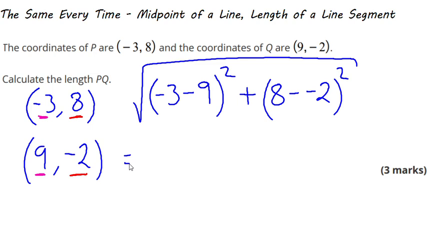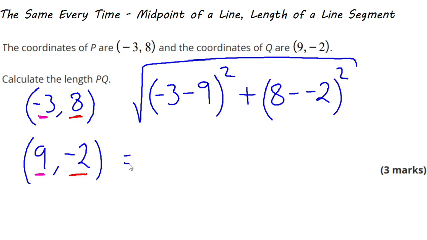It's like a minus sign in brackets. Anyway, bracket, -3, take away 9, close bracket, then squared. The squared has to go outside of the brackets. It has to look exactly like I have written down here. Then plus, then another bracket, 8 minus -2, bracket, and then squared.